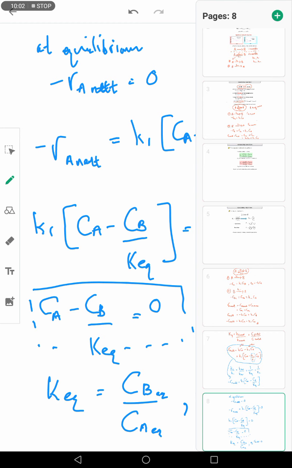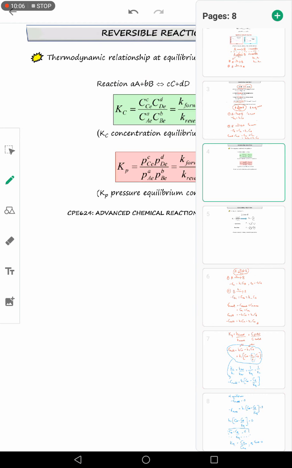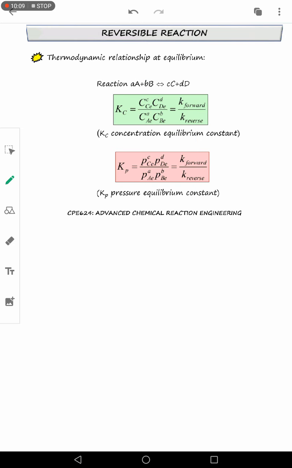So the information that I give you just now is actually explaining this slide, in which if your reversible reaction adalah ini, so you akan dapat your K equilibrium has to be this, and also to be this one.